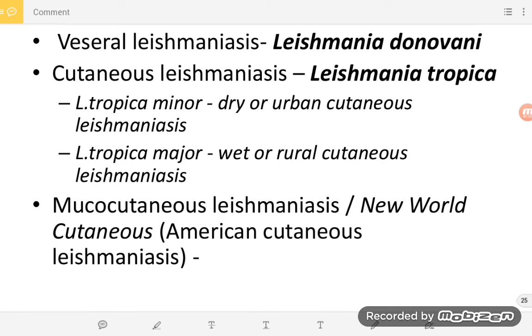It is caused by Leishmania donovani. In other countries, Leishmania donovani produces visceral leishmaniasis. But in Sri Lanka, Leishmania donovani, and also Leishmania tropica, produce cutaneous leishmaniasis, and the vector is Phlebotomus argentipes, right?